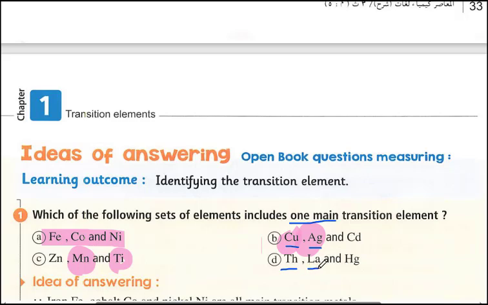It is considered a transition element. Okay, this is one transition element. Mercury is in the group of zinc 30, cadmium 48, and mercury 80. They are not considered in group 2b. They are not considered as main transition elements. So the correct answer here is D, which contains only one transition element in this group. So this is the correct one.